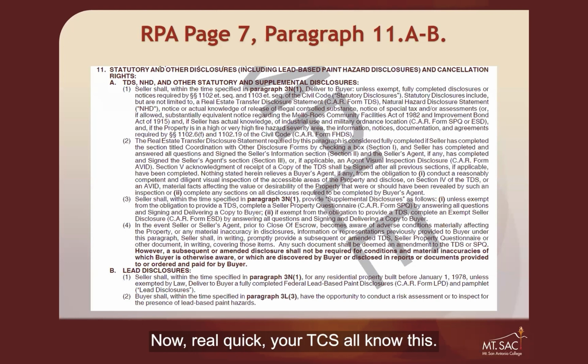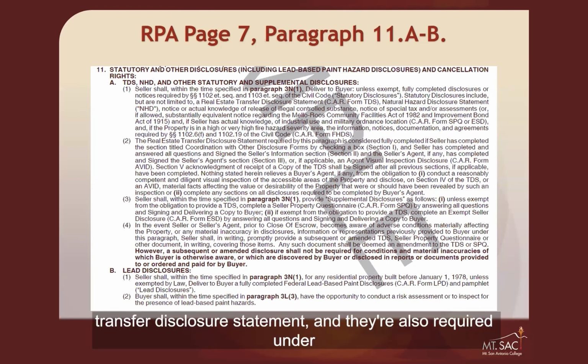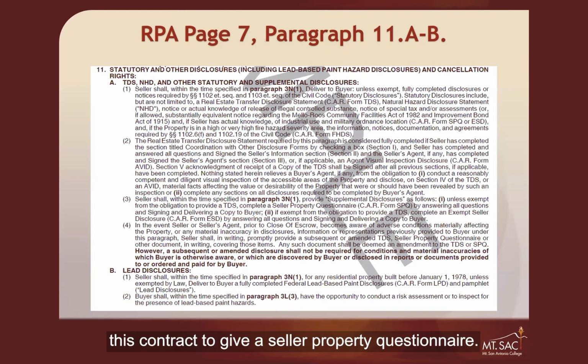Now, real quick, your TCs all know this. The SPQ must be given per this contract if the seller's giving a TDS. So if the seller has to give a transfer disclosure statement, then they're also required under this contract to give a seller property questionnaire.